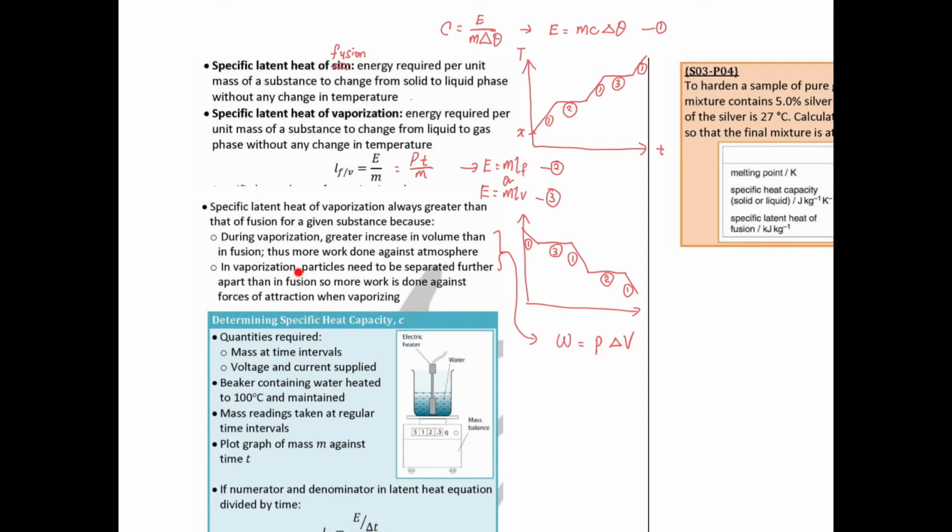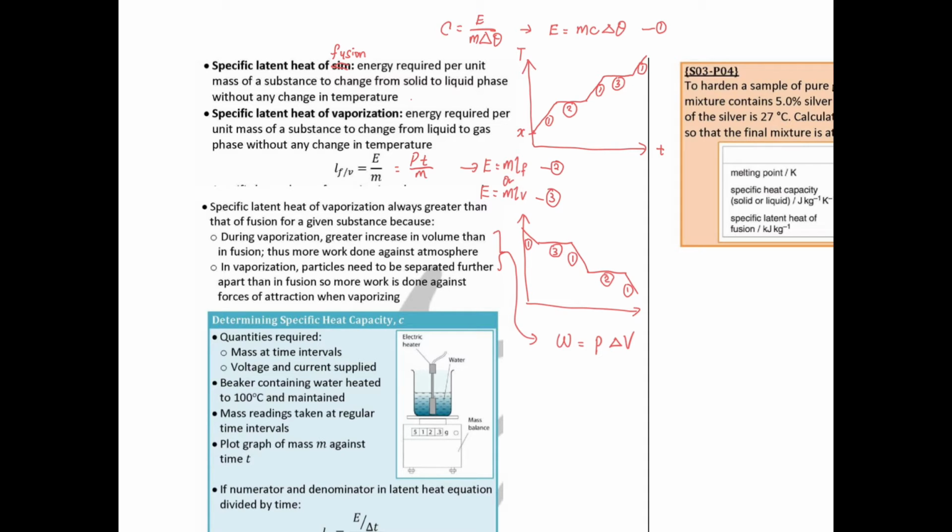In vaporization, particles need to be separated further apart than in fusion. So more work is done against forces of attraction when vaporizing. So you see they are talking about another aspect.